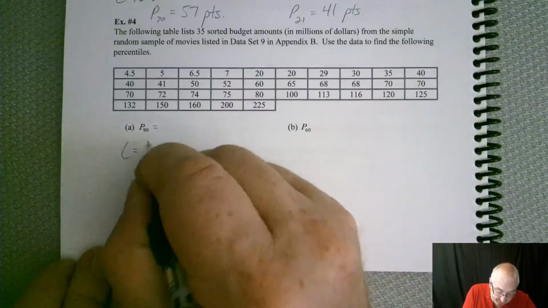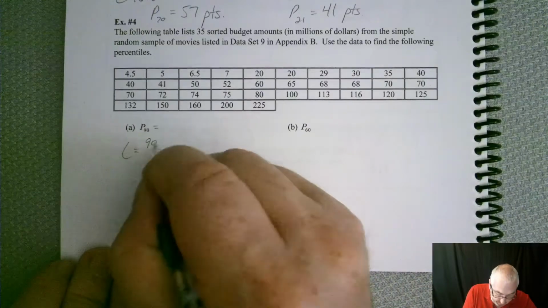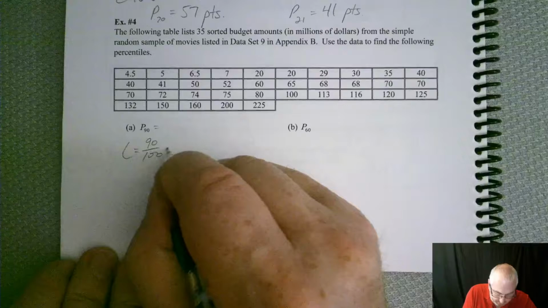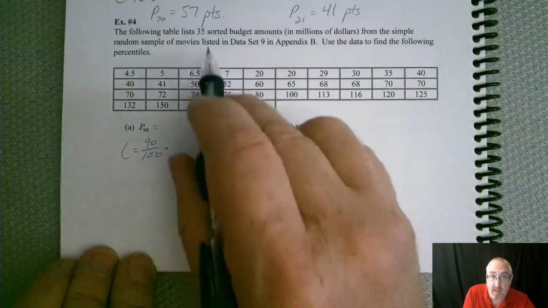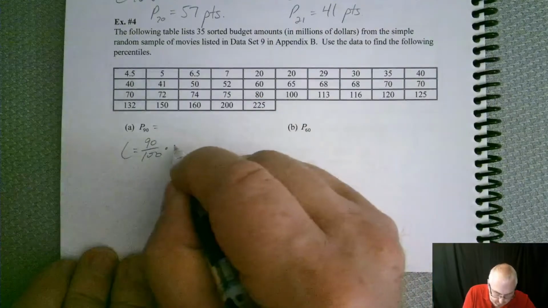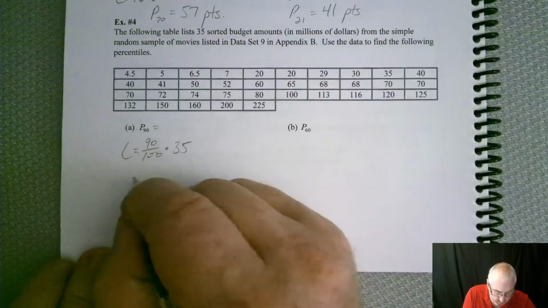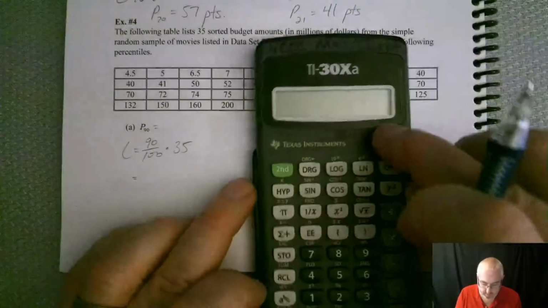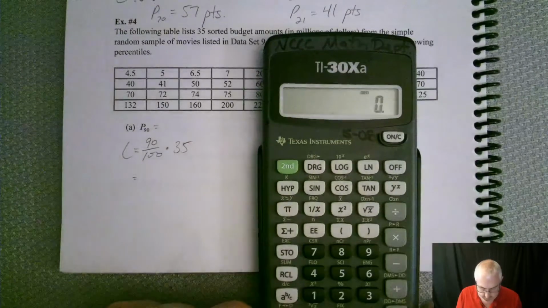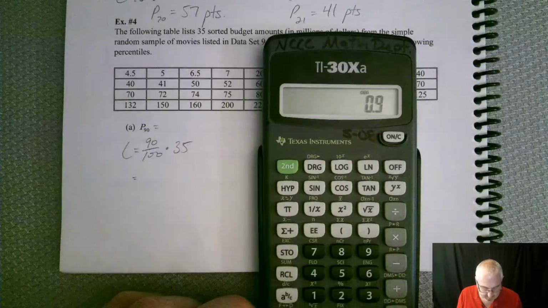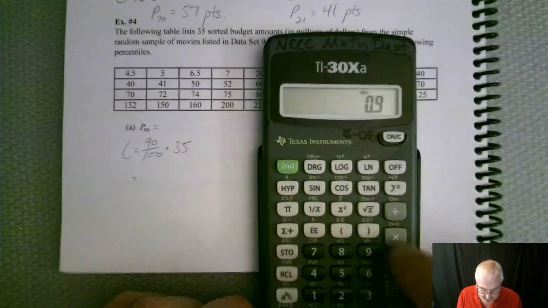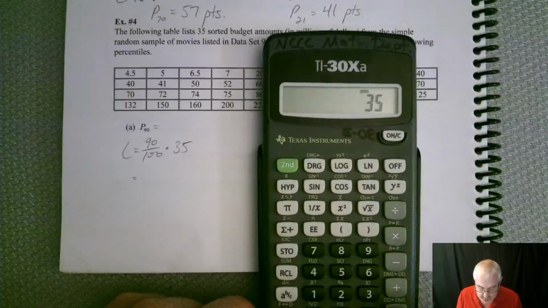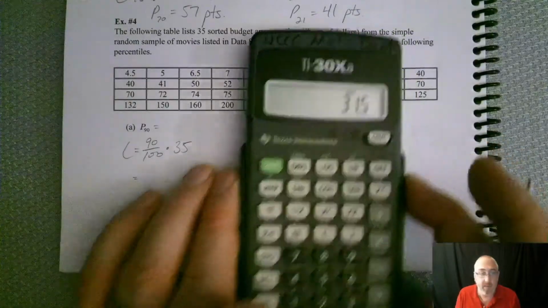So remember, K over 100, so 90 over 100, times N, which N in this case now is 35. So let's just be careful. So we got 90 divided by 100 is 0.9 times 35 equals 31.5.